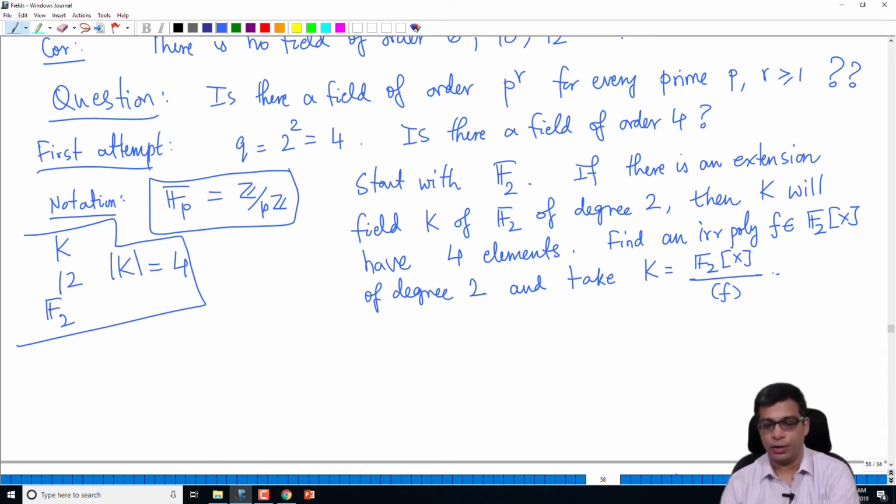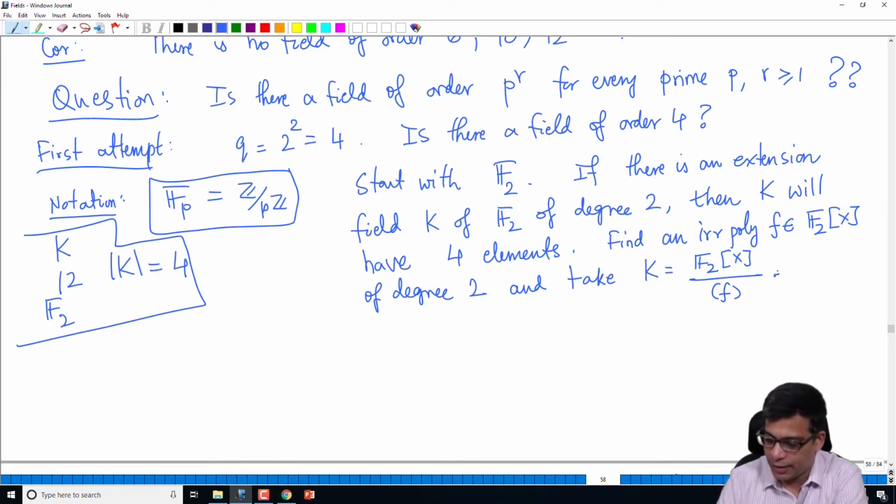That's all we need to do. Because of everything that we have done so far, F_2[x] is a polynomial ring in one variable over a field, and as such it is a principal ideal domain. And if you take an irreducible polynomial, the ideal generated by that is a maximal ideal. So when you go modulo that ideal, you get a field, call it K.